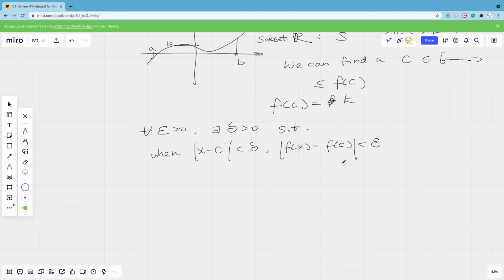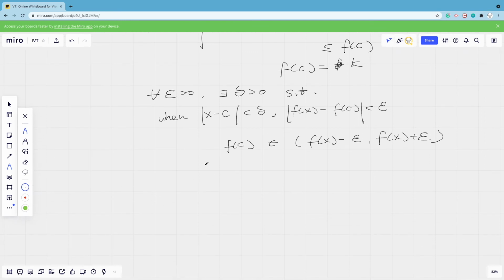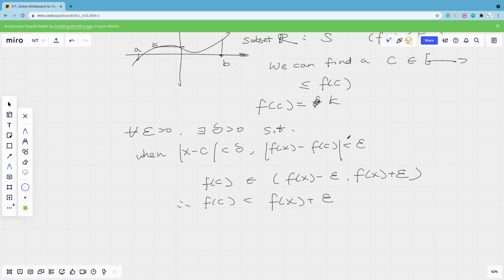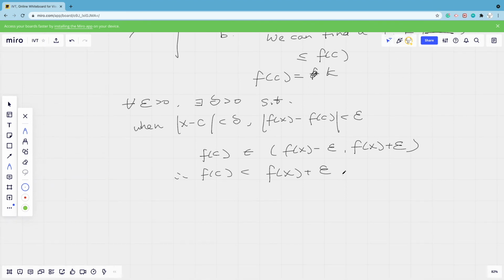So hence f(c) is in the range of f(x) minus epsilon and f(x) plus epsilon. Therefore, f(c) is smaller than f(x) plus epsilon, which, since this is bounded by k, remember, is smaller than or equal to k plus epsilon.